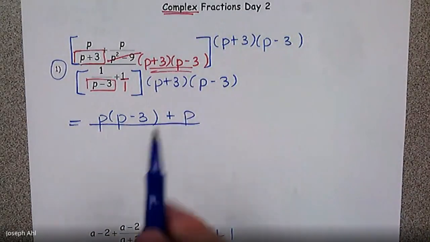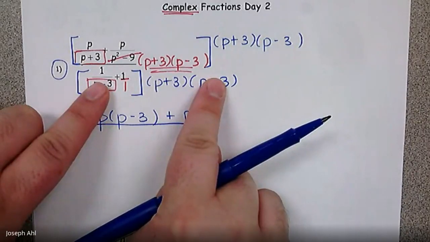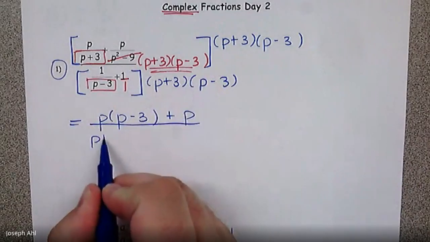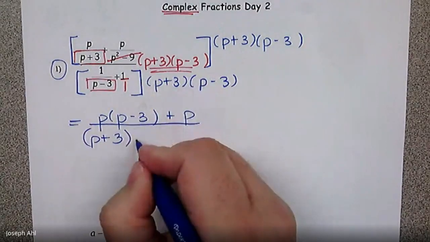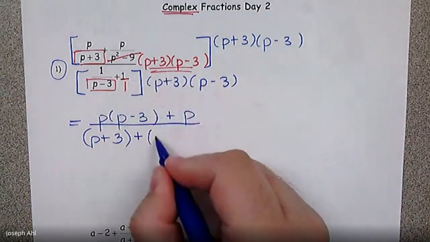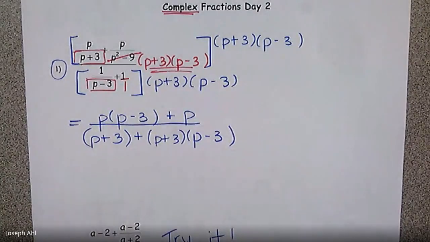And then this is all over the denominator. Here, the p minus 3s cancel, so we're left with 1 times p plus 3, which is just p plus 3, plus 1 times that LCD, which is just the LCD all over again, p plus 3 and p minus 3.